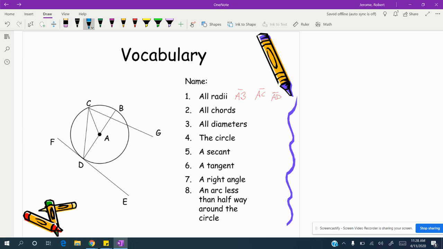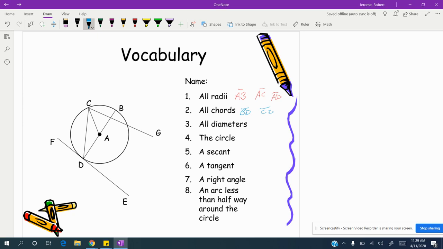We're asked to name the chords in this picture. So remember, a chord is a segment whose endpoints are on the circle. So we have chord BD, and we've got chord CD.